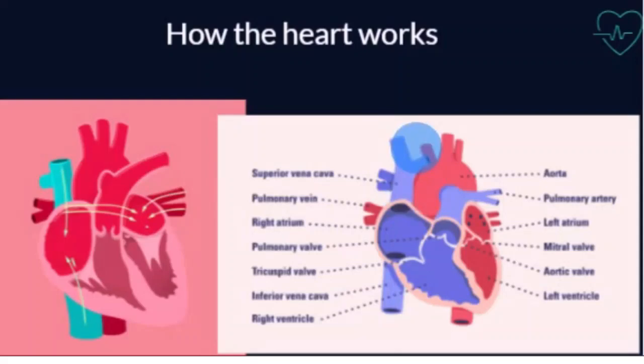And the inferior vena cava collects deoxygenated blood from any part of the body below your shoulders, so your hands, your legs, your trunk, your abdomen, all of those body parts.